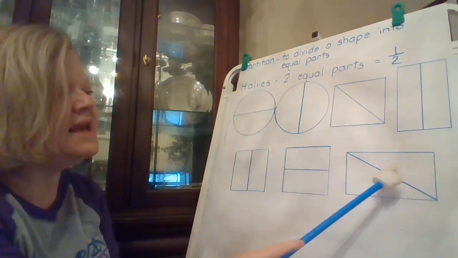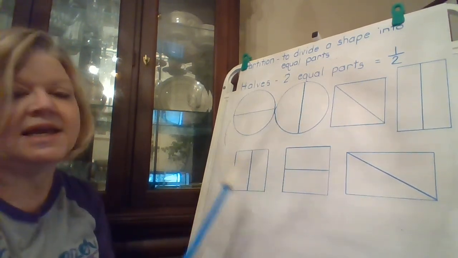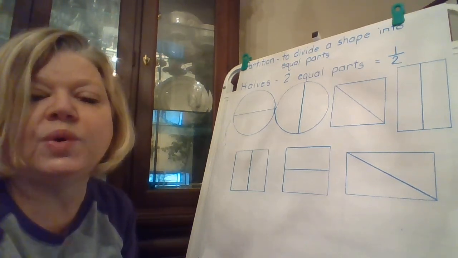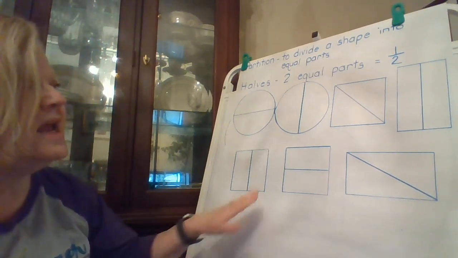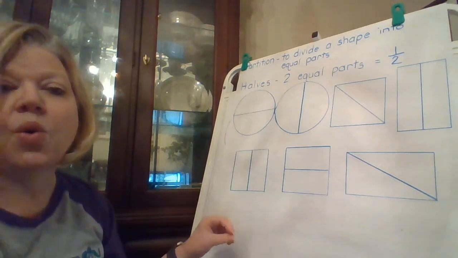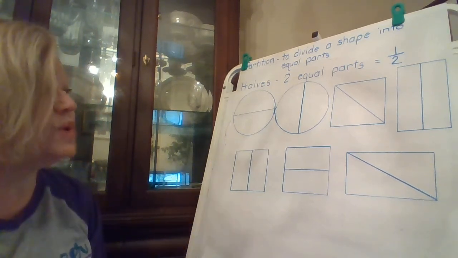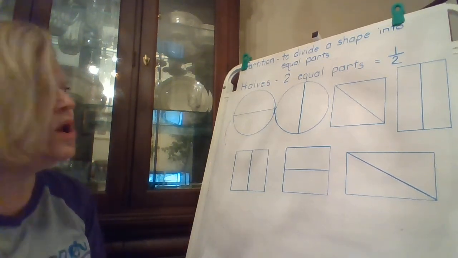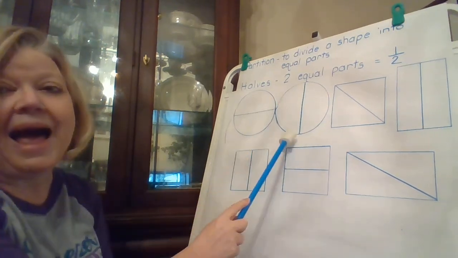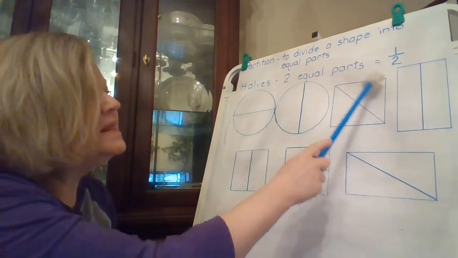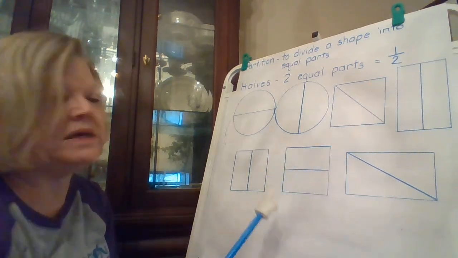If you look at each one of my shapes, you will see that there are 2 equal parts. Each one of these squares, rectangles, and circles are 2 equal parts. We could pretend this is a pie. We could pretend this was a pan of brownies.